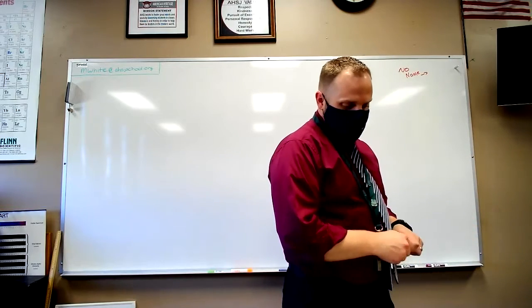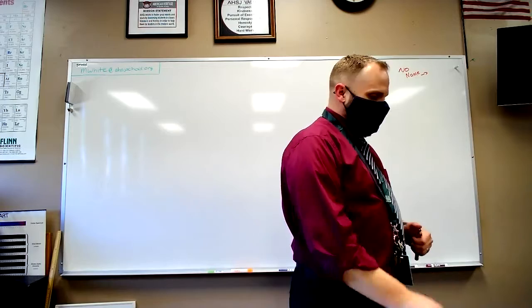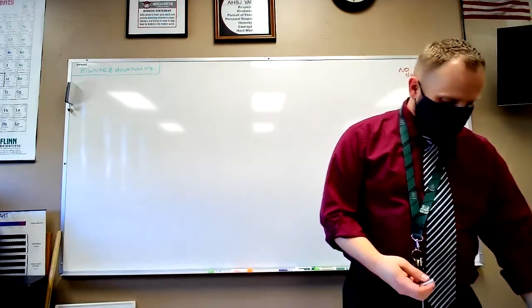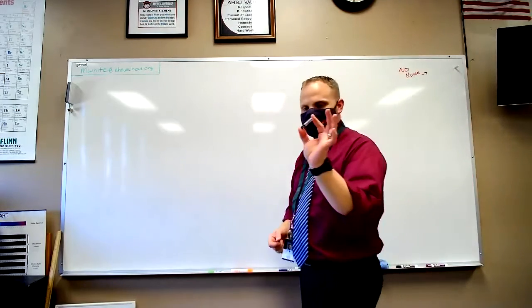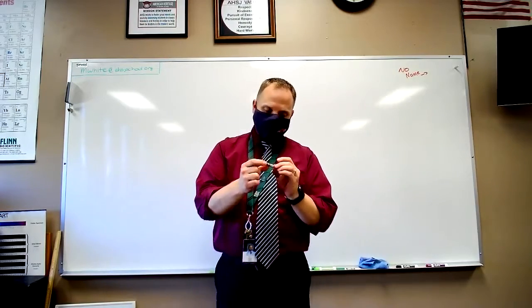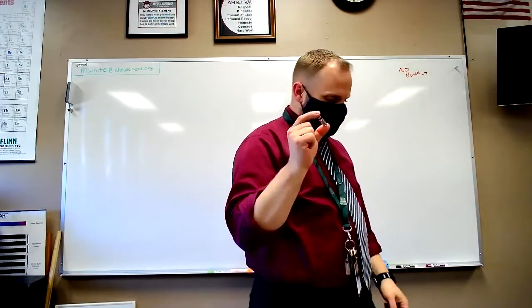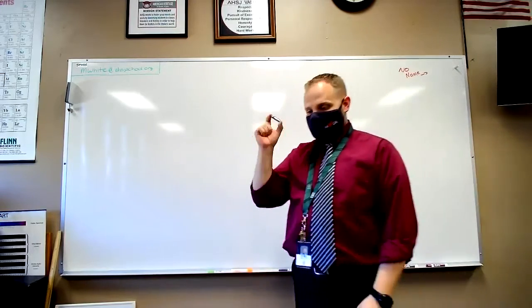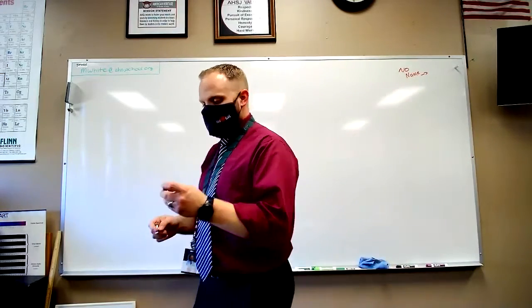Okay. And that's really all a battery is. So if we have just this little battery right here, this is a chemical reaction. That's what is generating the electricity here.